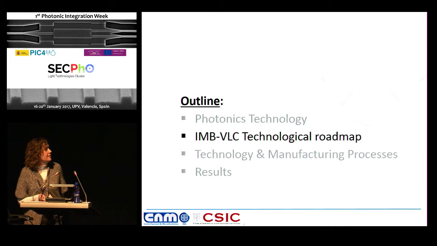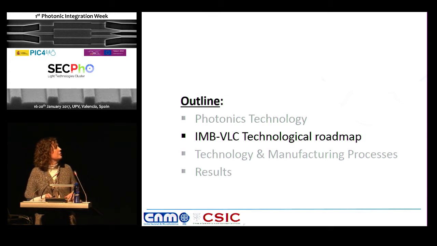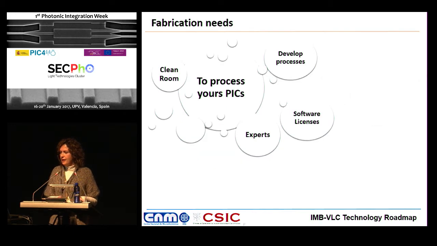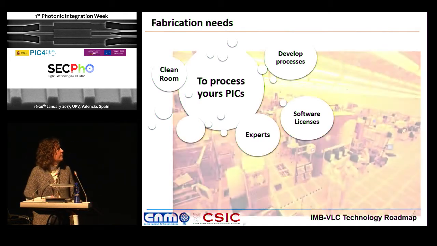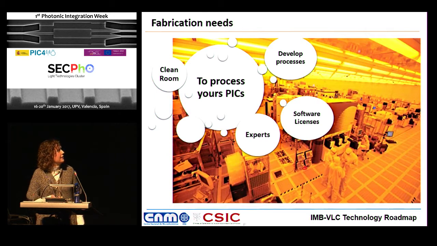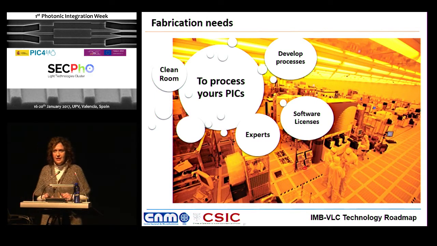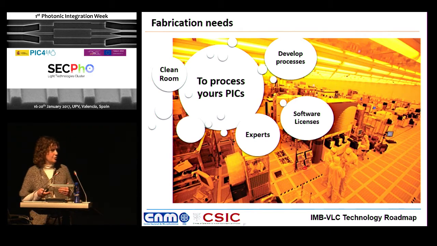I will explain more or less how the work addresses this roadmap. What do we need if we want to fabricate photonic components? Of course, we need a clean room. But this clean room has to have developed processes to be able to make good components.